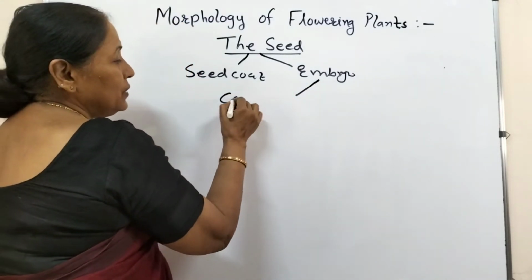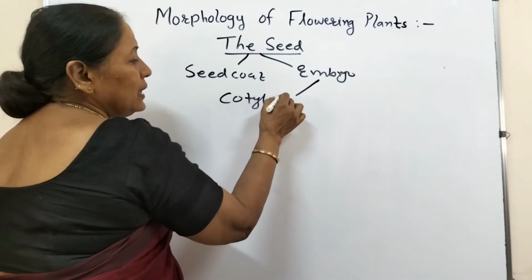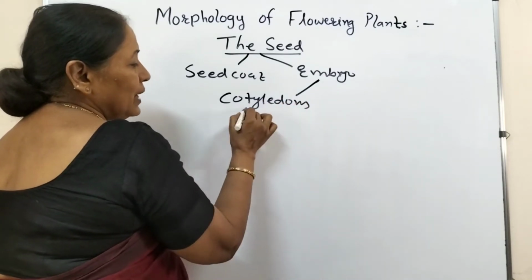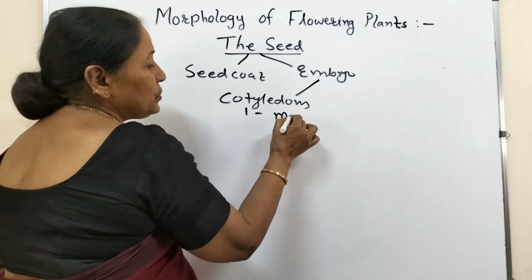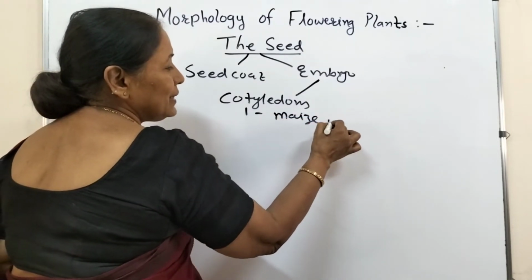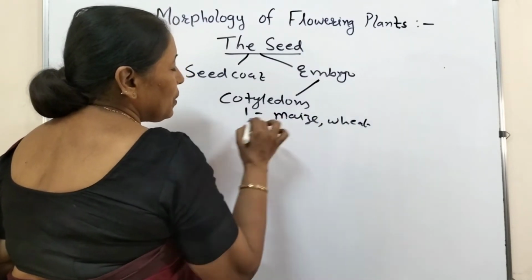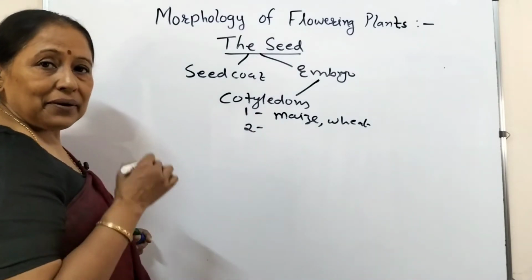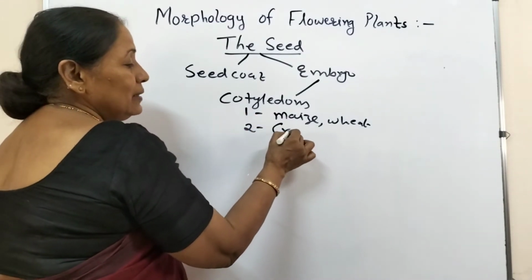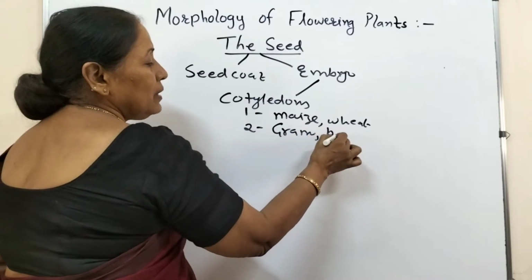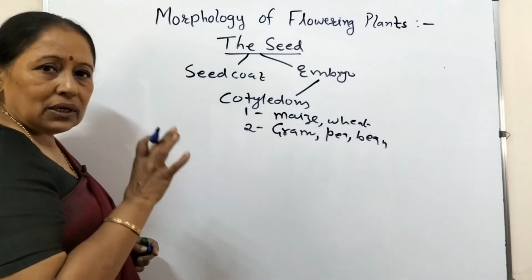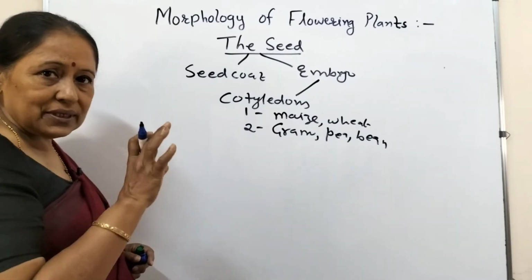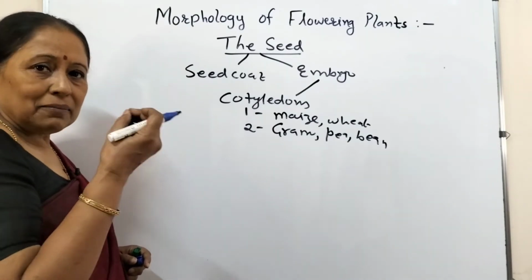It has cotyledons, which may be one, as in monocots. The monocot examples in your book are maize and wheat. Or it may have two, like in dicots. Dicot examples are gram, pea, bean, etc. The cotyledon is a food providing tissue. It is not going to form the plantlet.